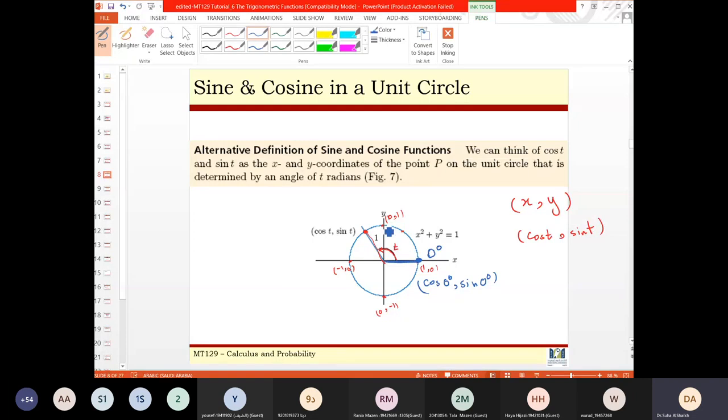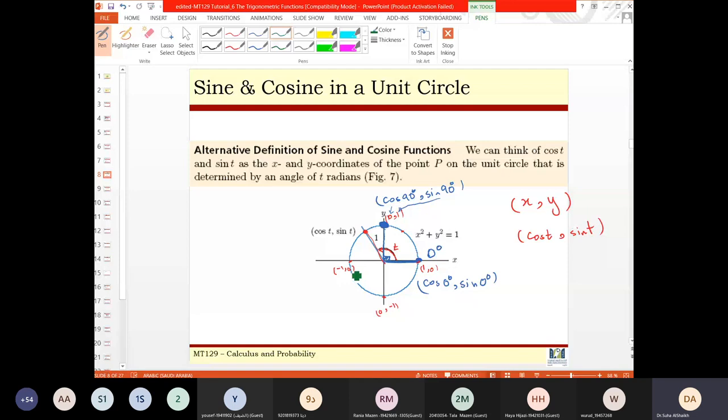Okay, let's come to this point. What angle does this point make? 90 degrees. So here I have the cosine of 90 degree and the sine of 90 degree. Comparing with the coordinates of the point, the cosine of 90 degree is 0 and the sine of 90 degree is 1. We don't have to worry about this, since we already have a calculator that will give me the sine and the cosine.